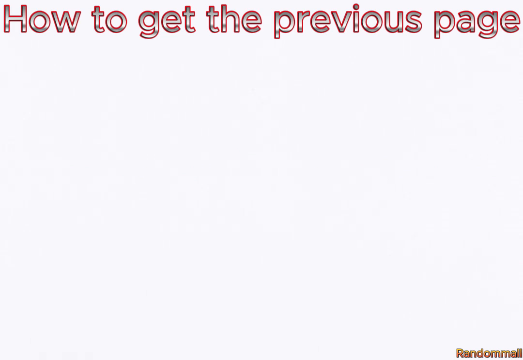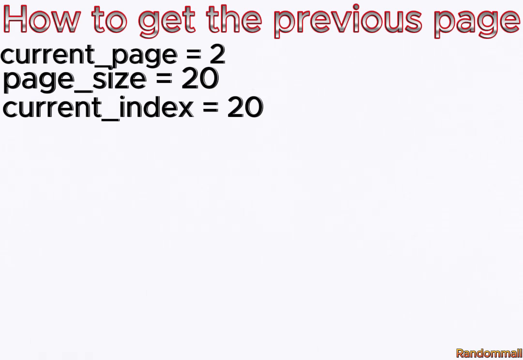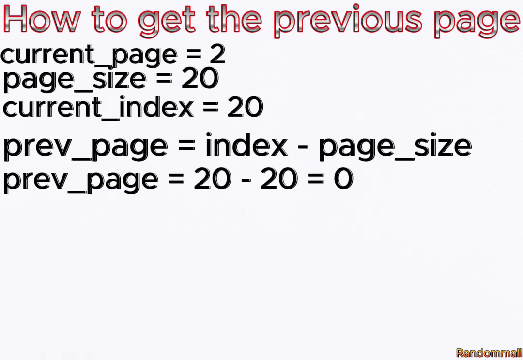That is, if the current page is 2 with a page size of 20 and the current index is 20, to get the previous page, you say previous page is equal to index minus page size. That is, the previous page is equal to 20 minus 20, which is 0. So it means that the first page is the previous page and its index is 0.